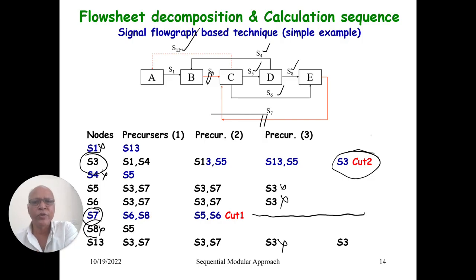Now what is left after solving C, because you know S13, you should be able to solve A to calculate S1. S1 is known, S4 is known, you should be able to solve B to calculate S3. We got an update. So whenever there is an update with respect to the initial guess, check for convergence. If convergence is not achieved, again perform one more iteration. This is how you will be able to find out the tears.